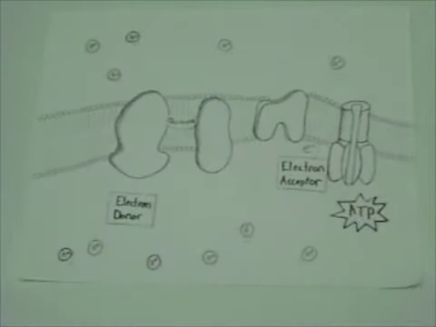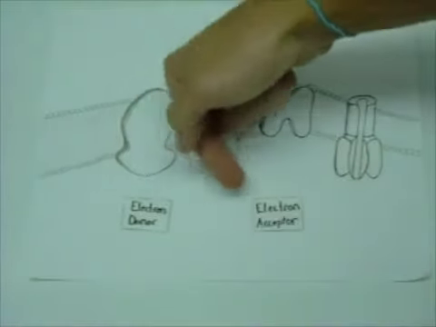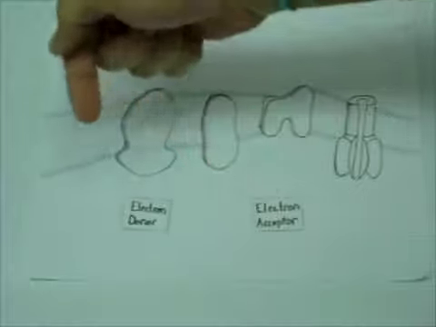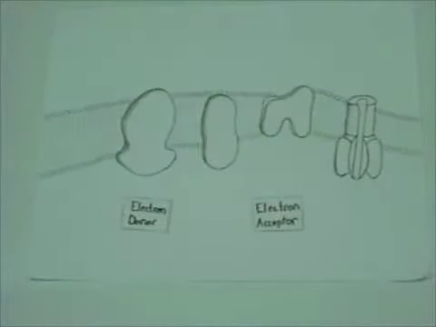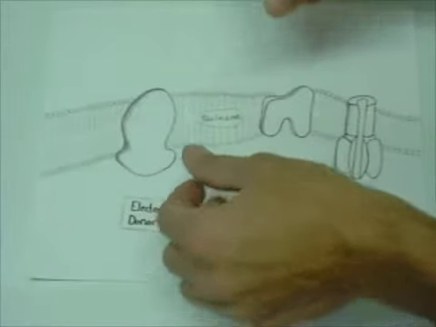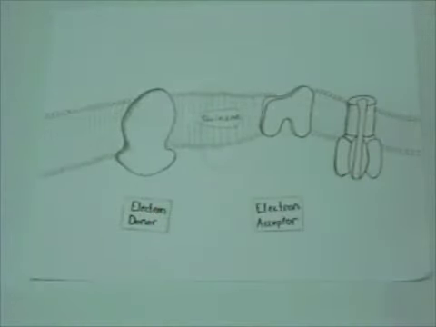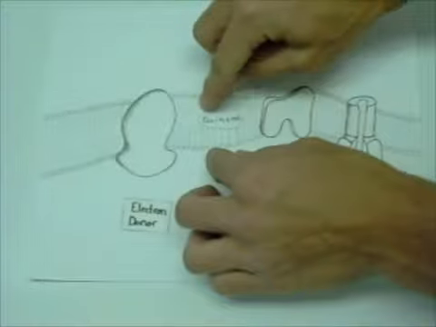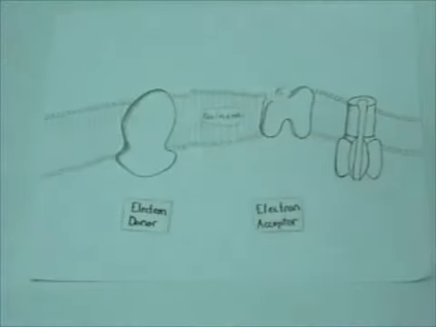A couple of variations can occur in oxidative phosphorylation. There can be different electron acceptors and different electron donors, but the process is basically the same. Some cells don't have a cytochrome BC complex, but in this case, the electrons just move from quinone to the oxidase. Oxidative phosphorylation can also be affected by the amount of oxygen present.